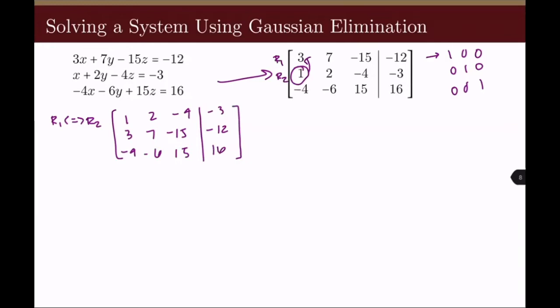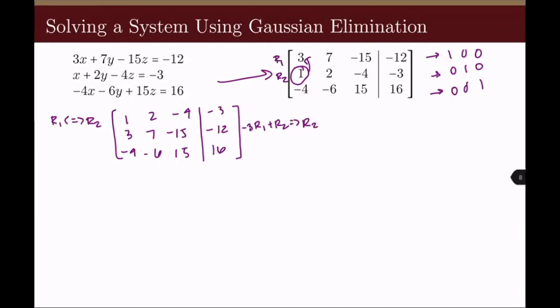All right, the next thing I'm going to do is start to eliminate the numbers in the first column, right? So like the x column, because if you notice here, I want a 0 and then another 0. So what I can do is multiply negative 3 times row 1 and add it to row 2 to get my new row 2.